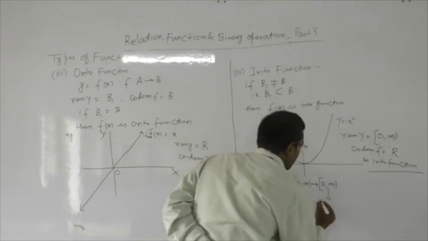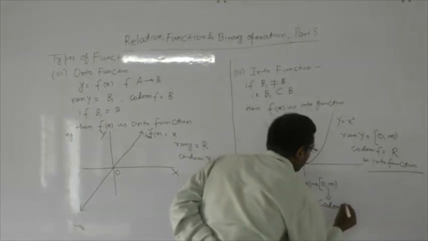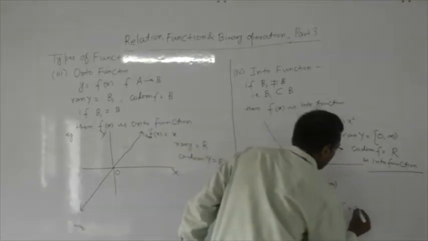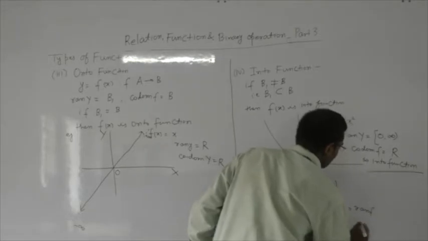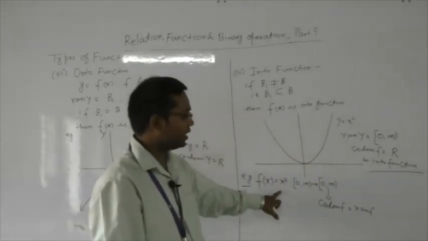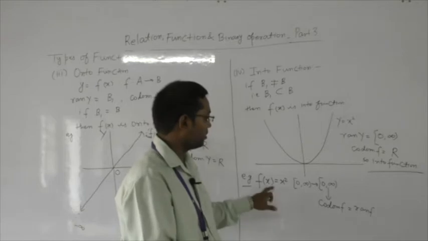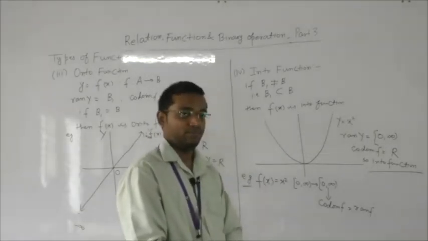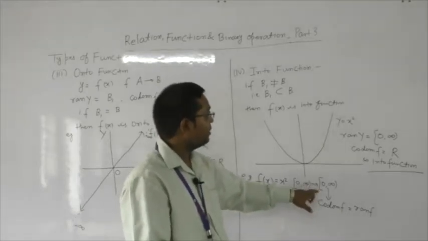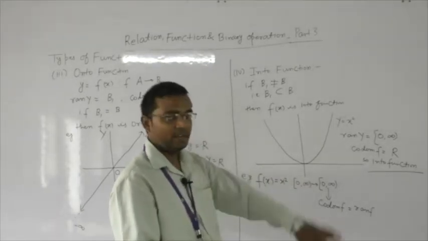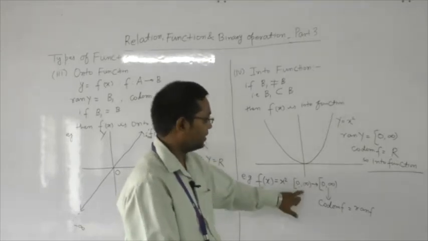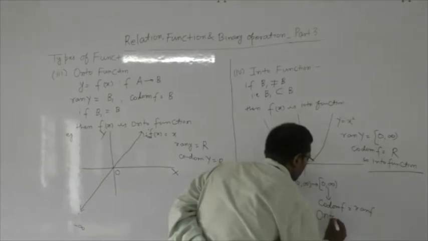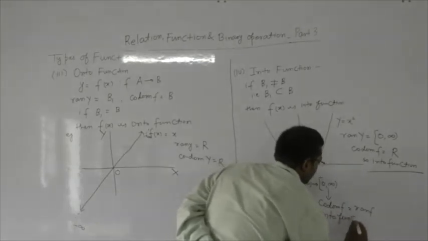Now this is the codomain of the function, as well as the domain, and the range of this function will be all positive. In this function, I have applied some constraint, and that into function has been converted into the onto function. So by putting some constraint, we can convert our into function into an onto function. So here this is the onto function under this constraint.